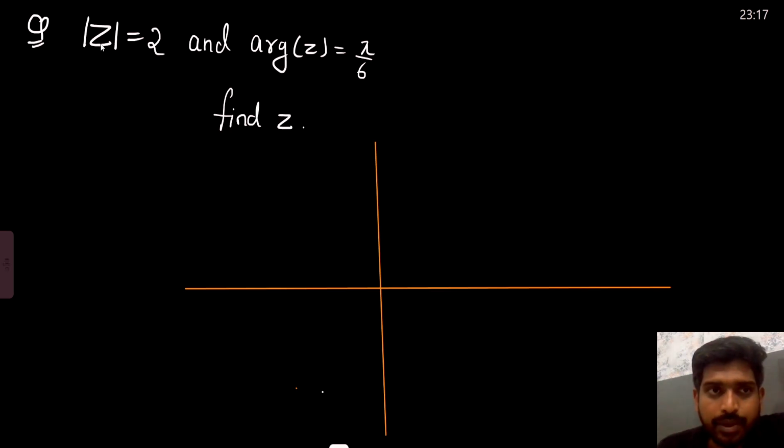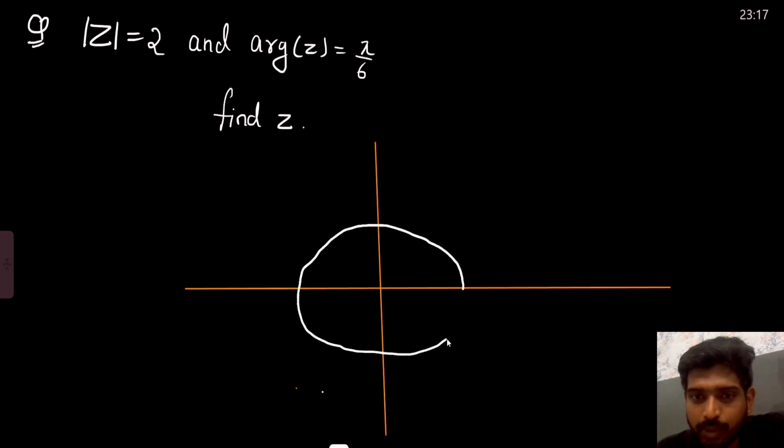So mod z is equal to 2 represents a circle with radius 2 and center 0, 0.